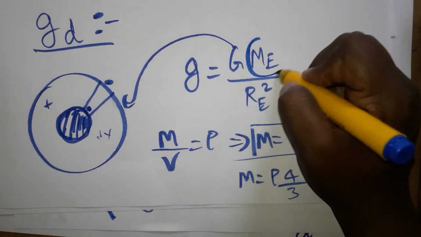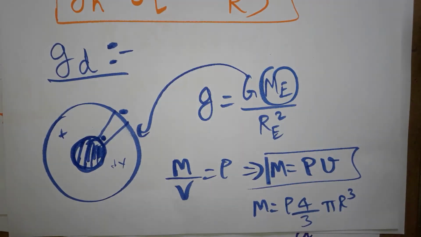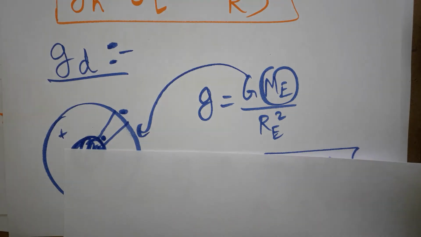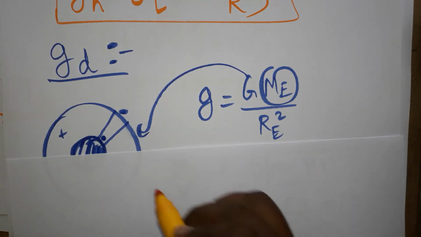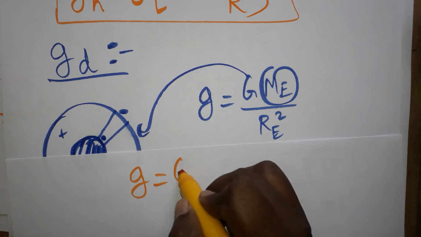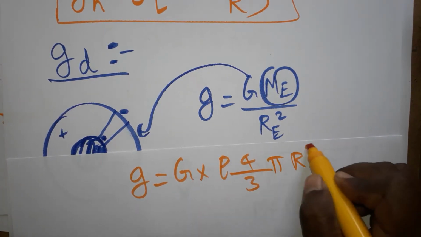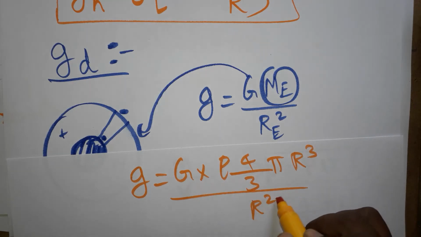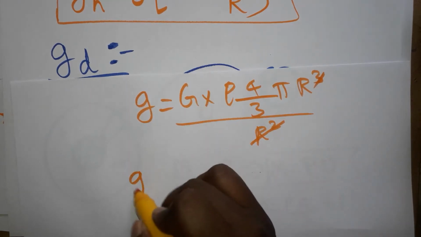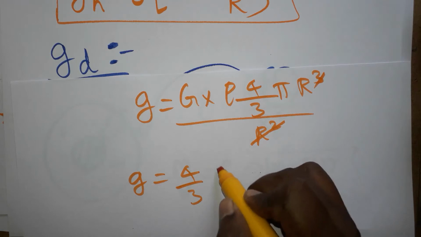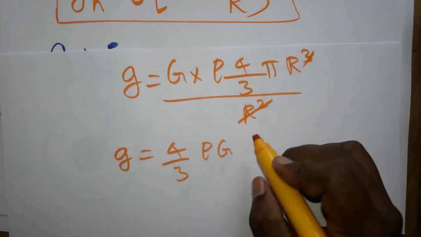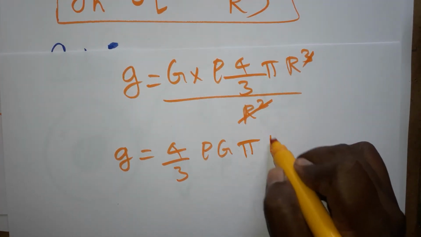So instead of writing mass of the earth, you can write density times 4 by 3 pi r cube. See here, small g is equal to capital G times density times 4 by 3 pi r cube divided by r square. This gets cancelled, so g is equal to 4 by 3 times density times the universal gravitation constant G times pi r.